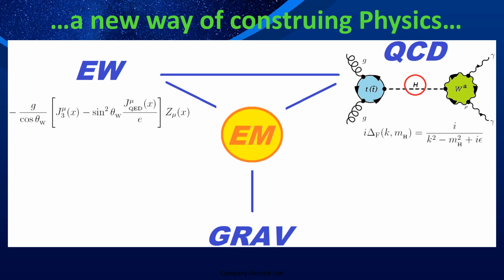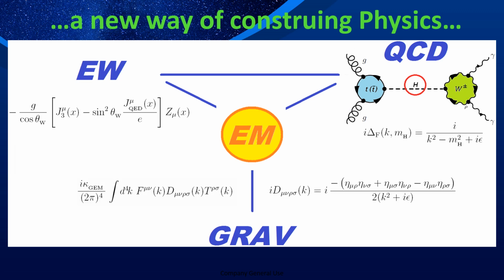This quantum approach leads to an interaction term where K_GEM is a coupling constant. GEM is the acronym for gravito-electromagnetic, and the two forces are expressed in terms of rank 2 tensors.